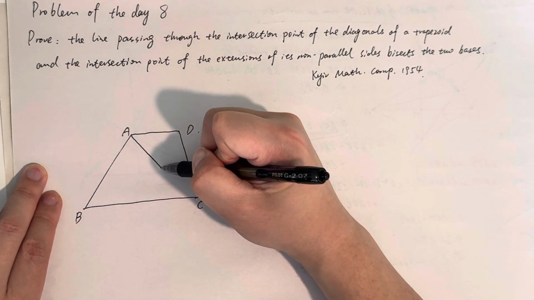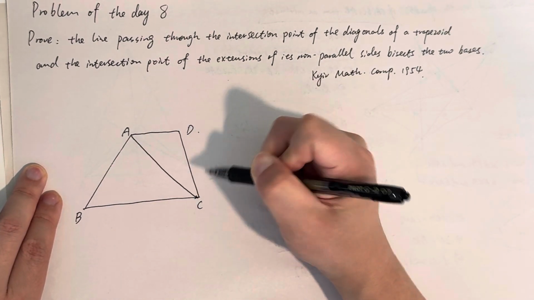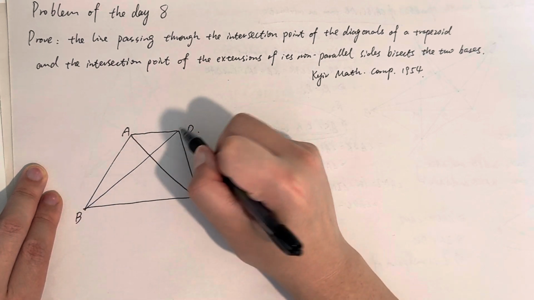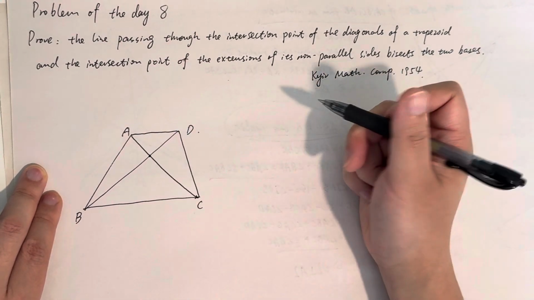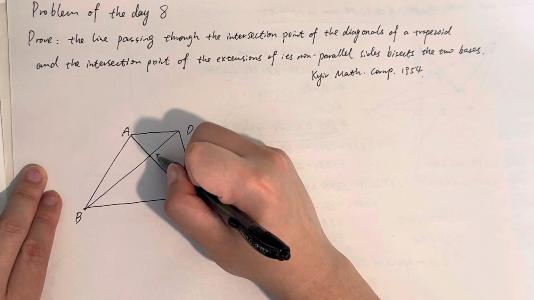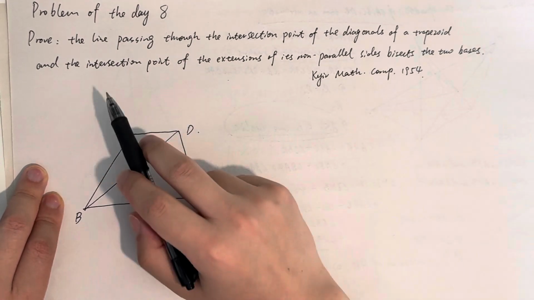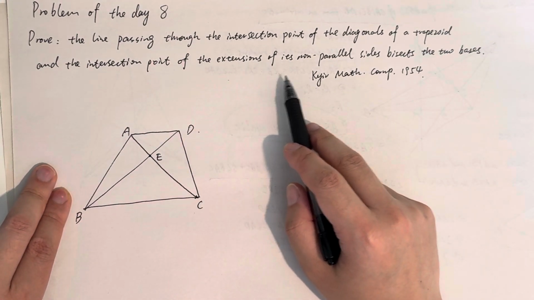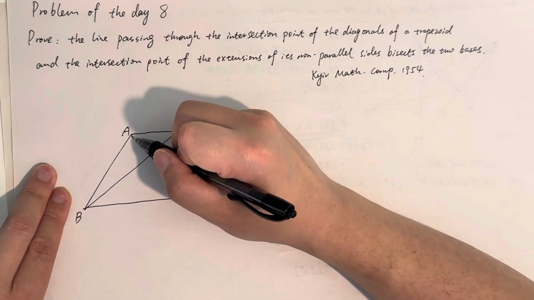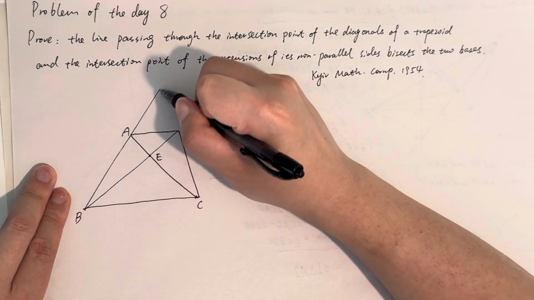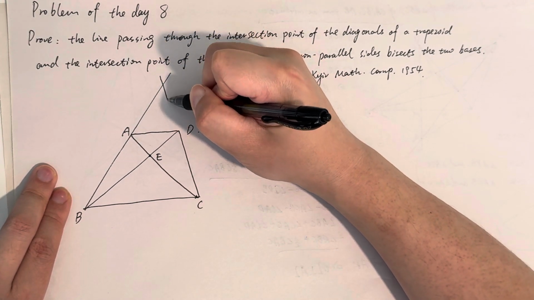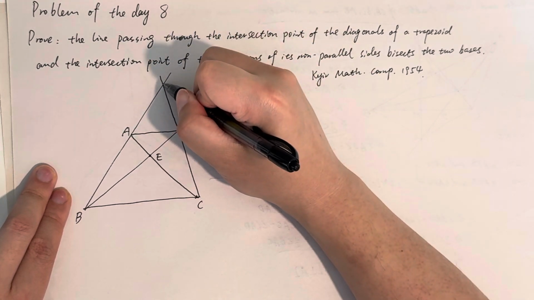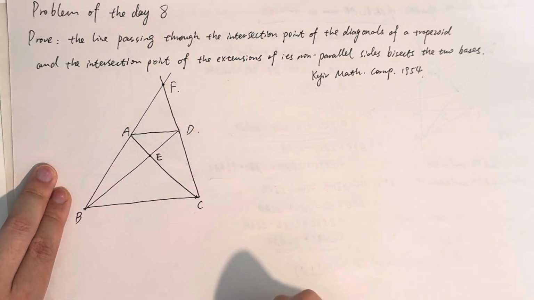So we connect AC here, we connect BD here. This is a point, right? Let's call it point E. And also the intersection point of the extensions of its non-parallel sides. So we extend BA and CD. Let's call this point F.